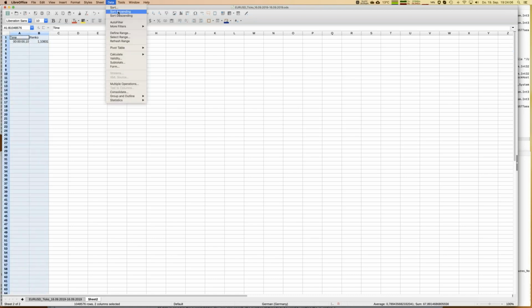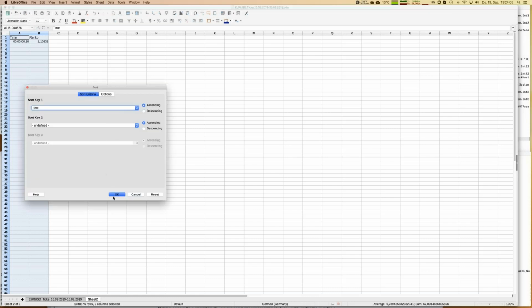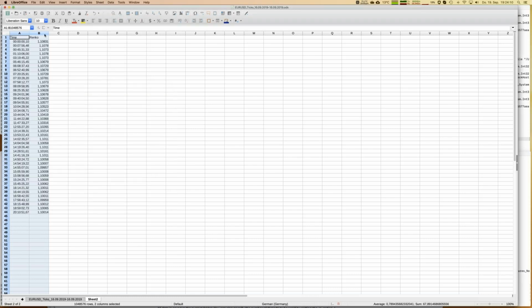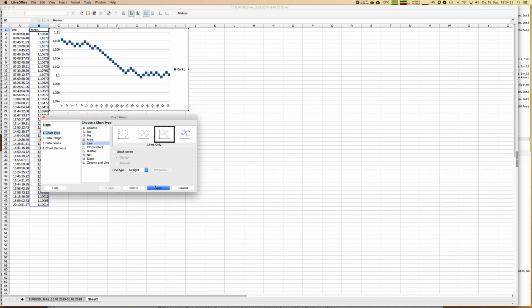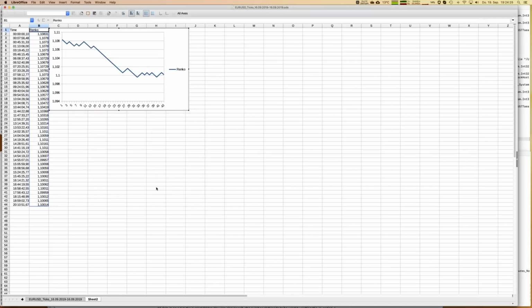We have to sort the data along time, and now we have all the real bricks, and then we can plot them, and that what comes now is a real Renko chart, but illustrated as lines, not as bricks, but that's a reduced chart. And now we have that clear structure again.